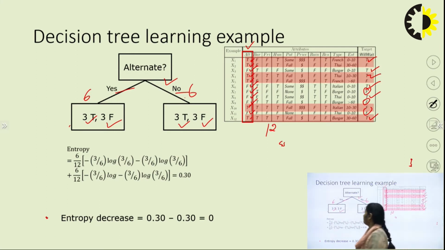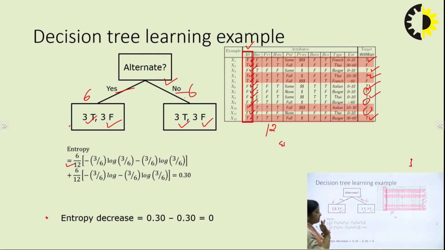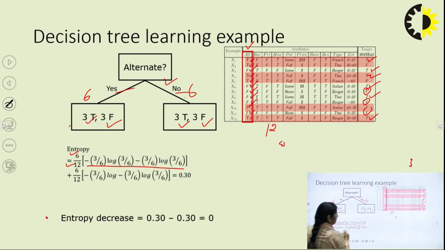So what will my entropy be? From the total 12 examples, I have 6 times alternate true, and from these 6, this is the entropy within that: 3 are true and 3 are false, from 6. So total positive examples are 6, and from these 6 examples, 3 are true and 3 are false.